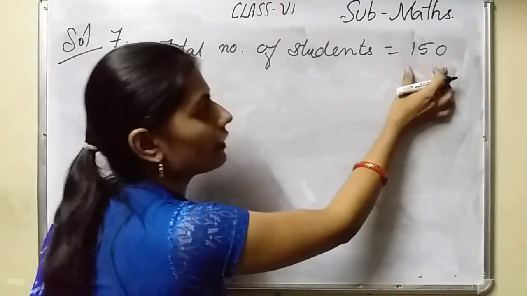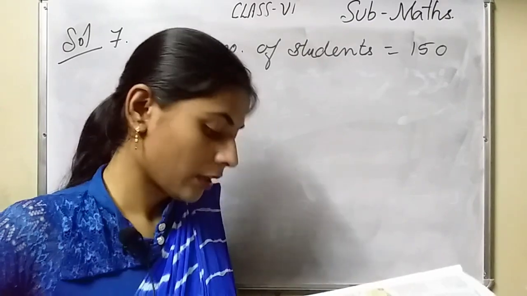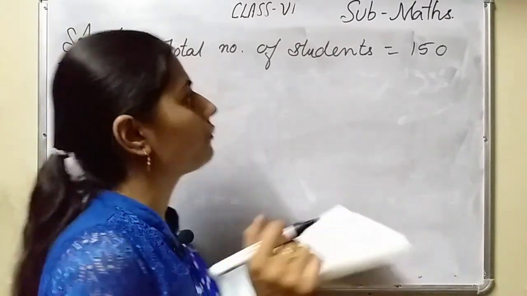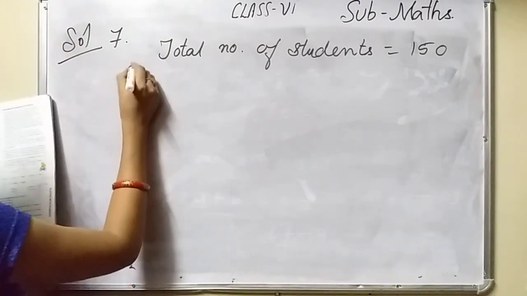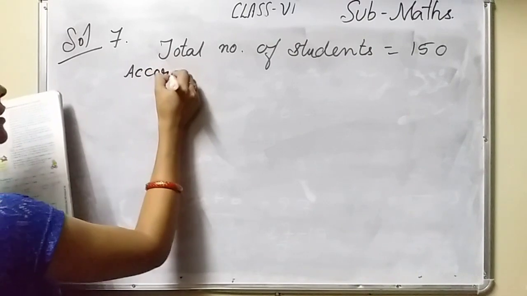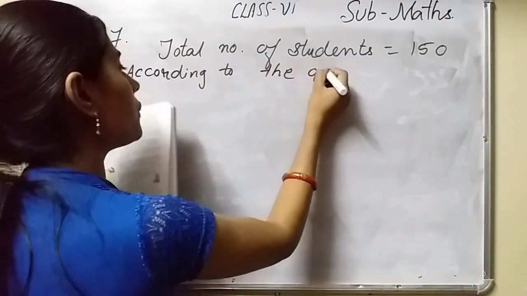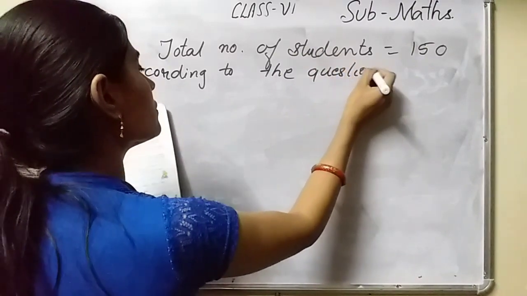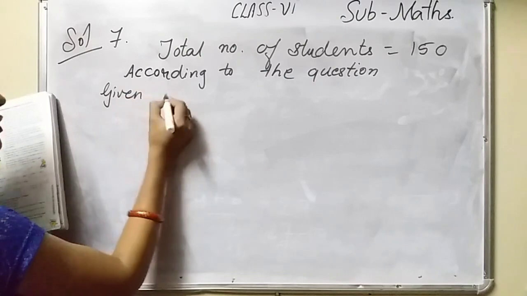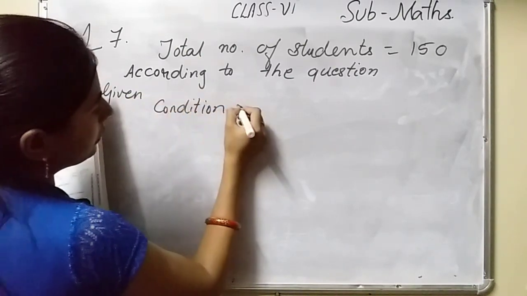Now these 150 students you have to divide into equal groups. According to the question, what is condition number first?